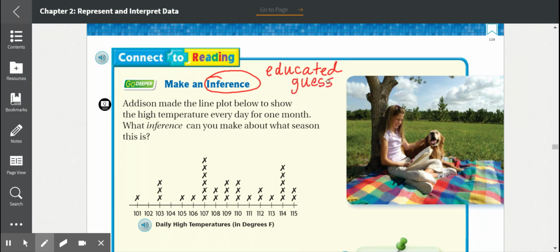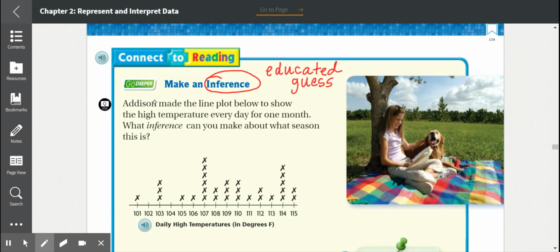An inference is when you take what you already know and then more information and then make an educated guess. So that's what we're going to do with this math. That's why it says connect to reading, because we make inferences all the time.